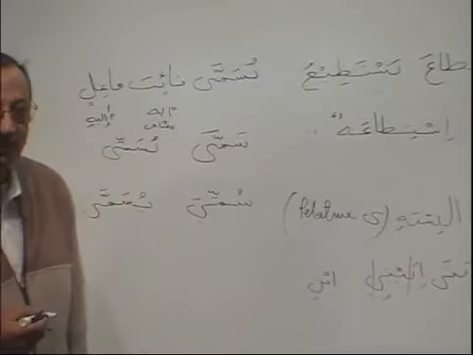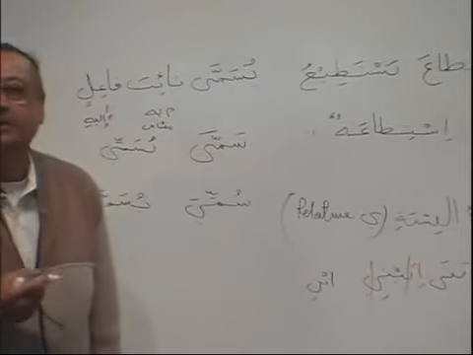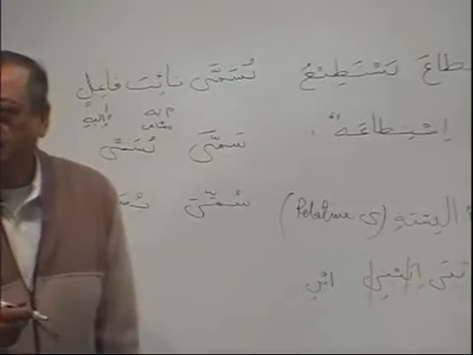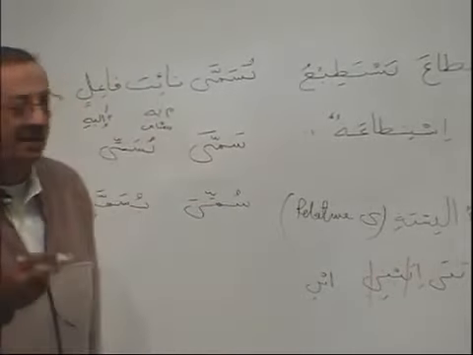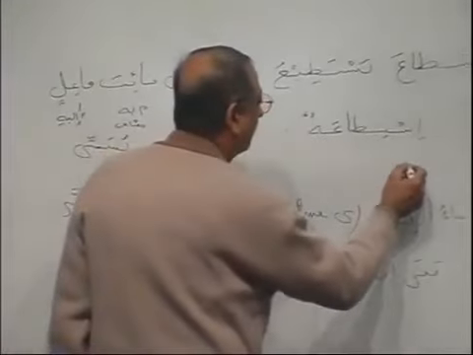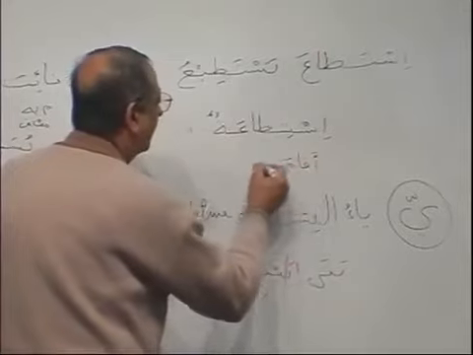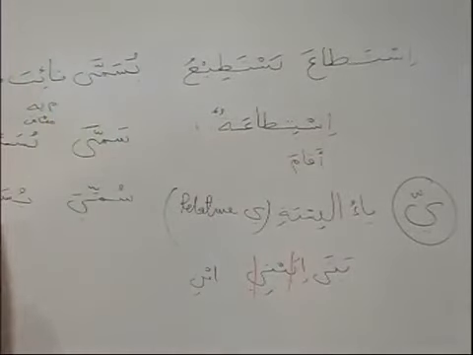If it is ajwaf, it will get ta marbuta at the end. Istita'atun. That is your masdar. I give you one example, brother. Aqama, make masdar. If'alun, iqamatun.